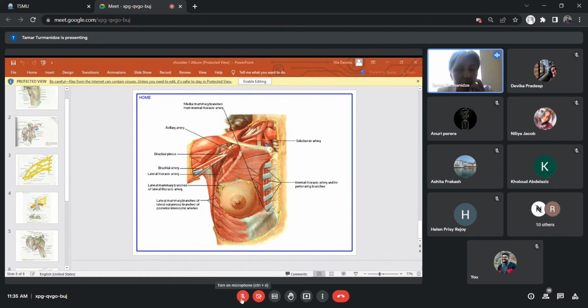What may develop, and what must be done if it is accidentally damaged? Ligation. Why must immediate ligation be performed if it is accidentally dissected? It will cause hemorrhage. Hemorrhage, but it is a vein.